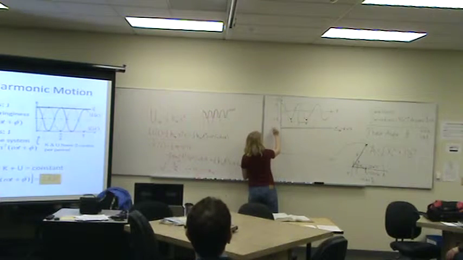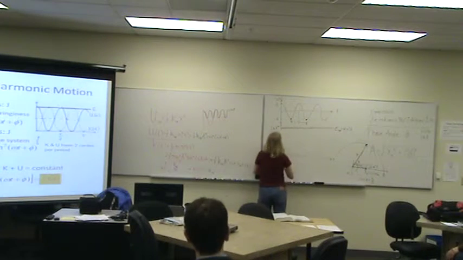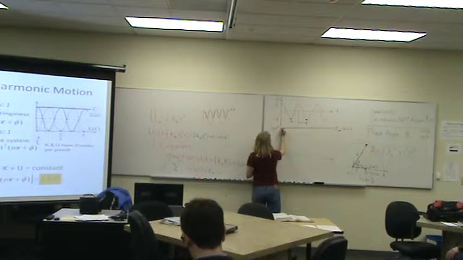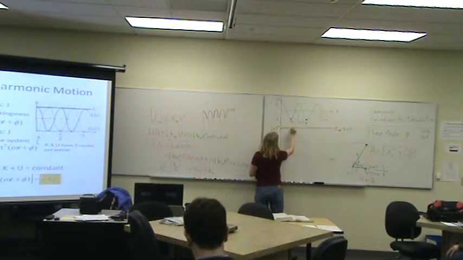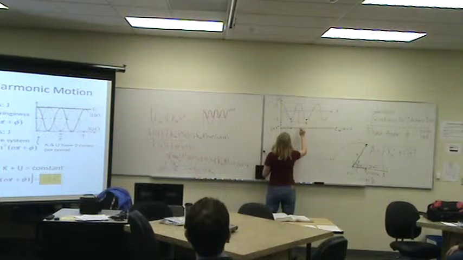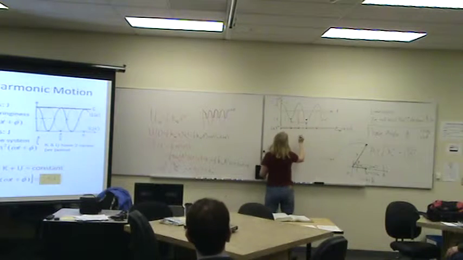So that's 1/2 Ka squared. So every time there's a peak or a trough, we have a peak on our cosine graph.